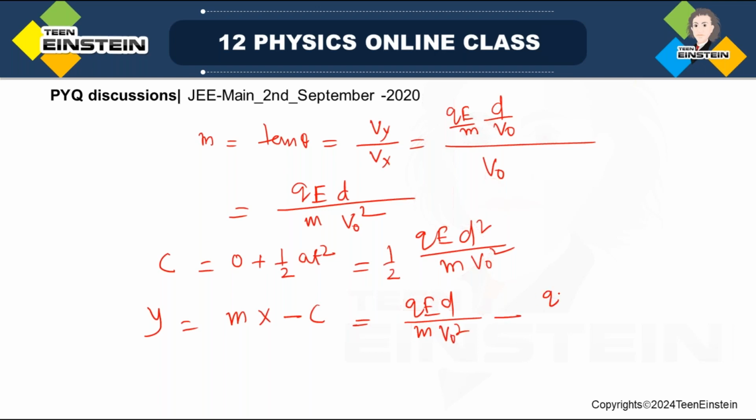So m is qE d by m v0 square minus qE by m v0 square into d square. Let me just do a little bit of calc. So this is mx.